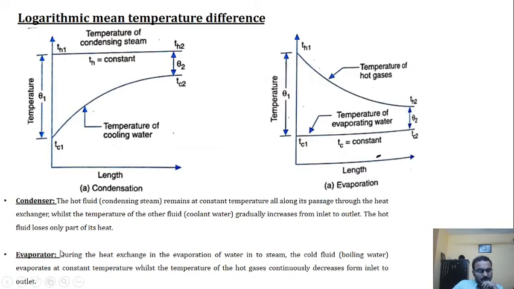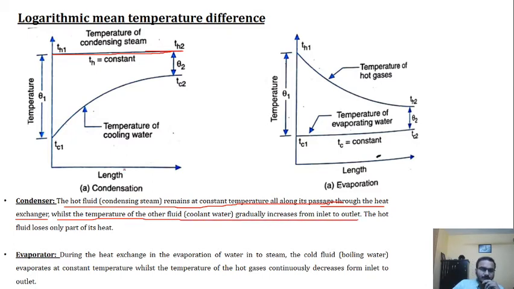So let's understand this with this figure, that here the hot fluid remains at constant temperature all along its passage through the heat exchanger. As you can see here, we will discuss these graphs again in our next lecture, but to understand the condenser portion, the temperature of condensing steam remains constant because it is only losing its heat, whilst the temperature of the other fluid, that is coolant water, gradually increases from inlet to outlet. You can see here that the temperature of cooling water keeps on increasing like this.